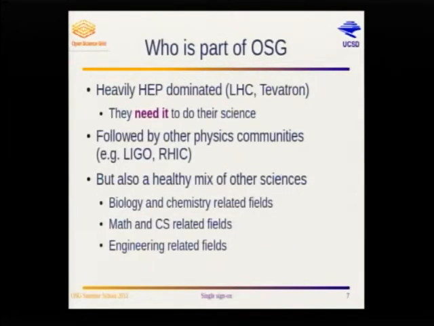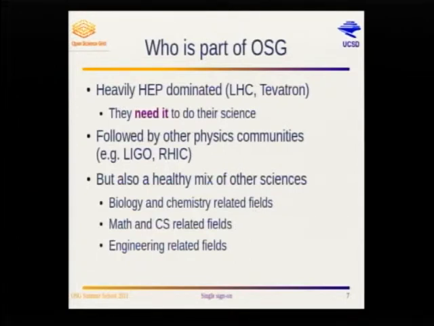Now, OSG is heavily high energy physics dominated. It's not all high energy physics, but high energy physics is a big player. And the reason is that high energy physics simply cannot live without the grid. They need so much computing that the grid was the only option forward. So they pushed a lot, they invested a lot in the grid, and this is why they are a big player.